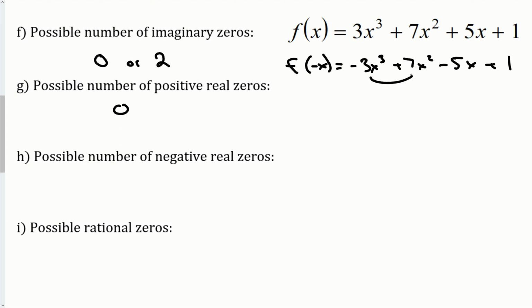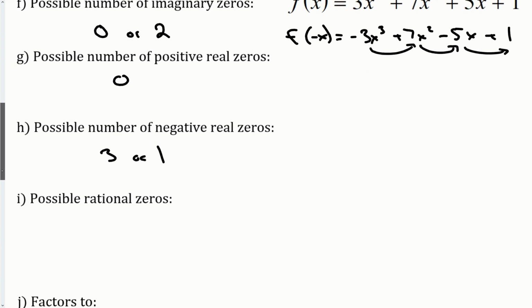And now the sign changes once, twice, 3 times. So there are 3 or 1 negative real zero. Remember positive real zeros? We look at the original expression, whatever number we get, we keep going down by 2's until we get to 0. And same thing with negative real zeros. We look for the number of sign changes and we go down by 2's.